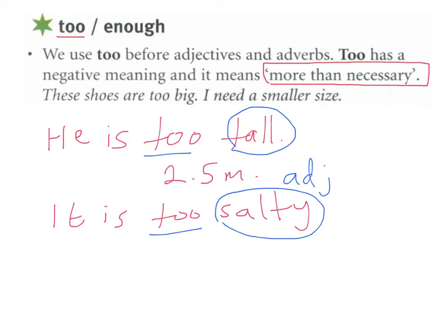And also we can use too with nouns. ممكن نستخدمها مع الأسماء. And we must be careful. When we use too with nouns, we use either too much or too little with uncountable nouns. مع الأسماء غير المعدودة إما نقول too much أو too little حسب اللي بنعبر عنه. زائد أكثر من اللازم أو أقل من اللازم.